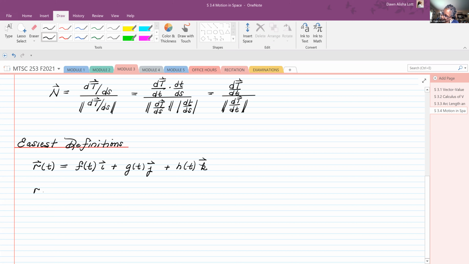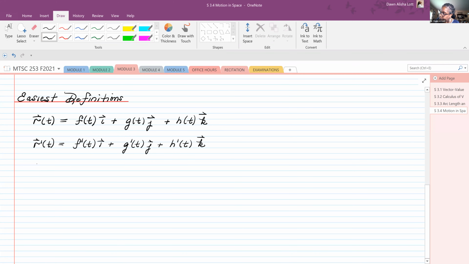Then r prime of t is f prime of t i plus g prime of t j plus h prime of t k. The velocity v of t is simply r prime of t.